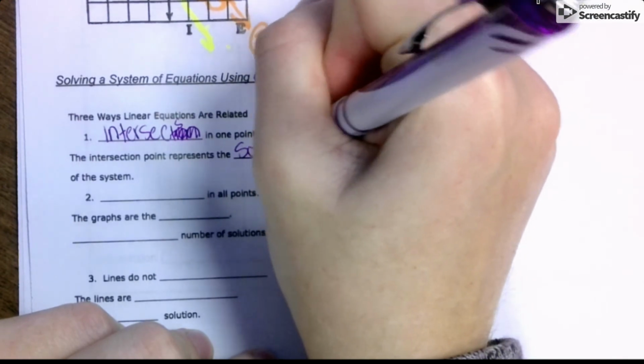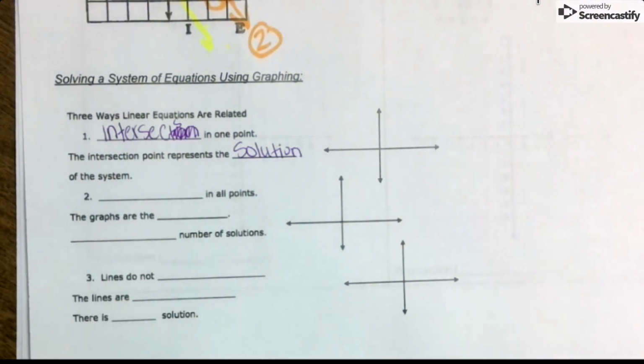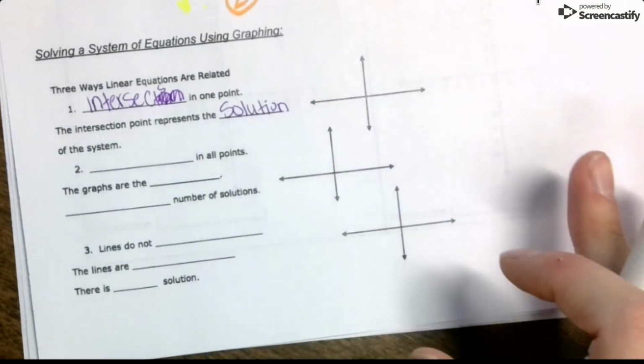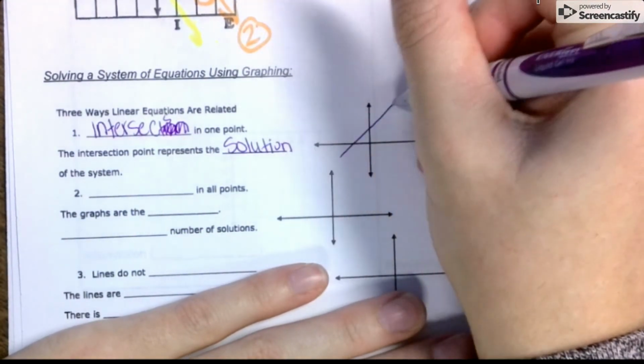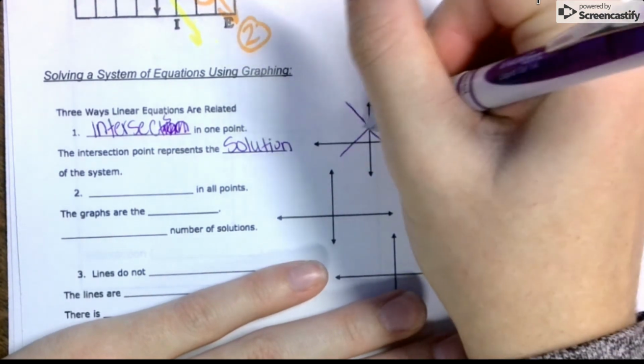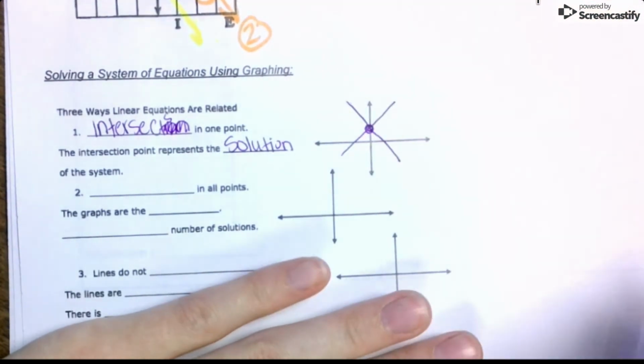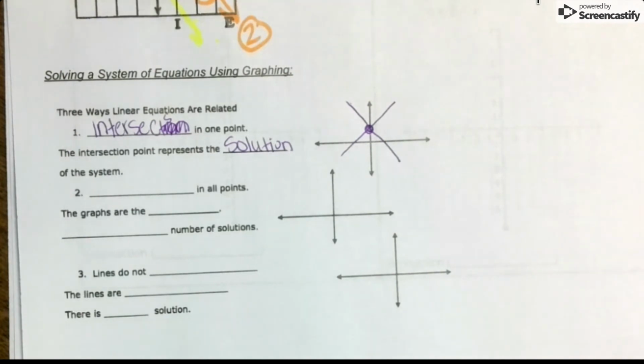We've talked about this before when we did number of solutions. Our options were 1 solution, no solution, or infinitely many. So if we're talking about 1 intersection, that literally means that I have a line here and a line here. See how they intersect right here? That is 1 solution. Okay?